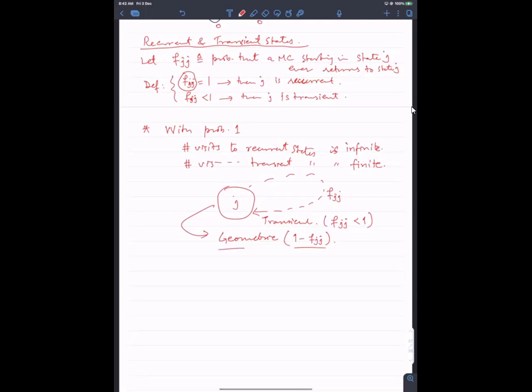So this is a geometric random variable. Number of visits to state J would be a geometric random variable. And once you get the success, which means that you have exited state J forever.